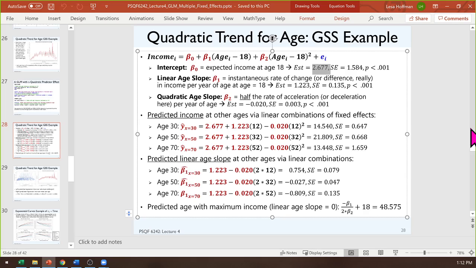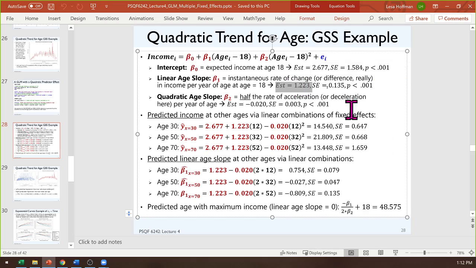I know that because the intercept is always the predicted outcome when your predictors are 0. And that happens in this model. These 2 terms get zeroed out if age is 18. So if age is 18, the only term that contributes to the predicted outcome for an 18-year-old is beta 0, the intercept. So the definition of beta 0 in this model is the predicted Y outcome for an 18-year-old.